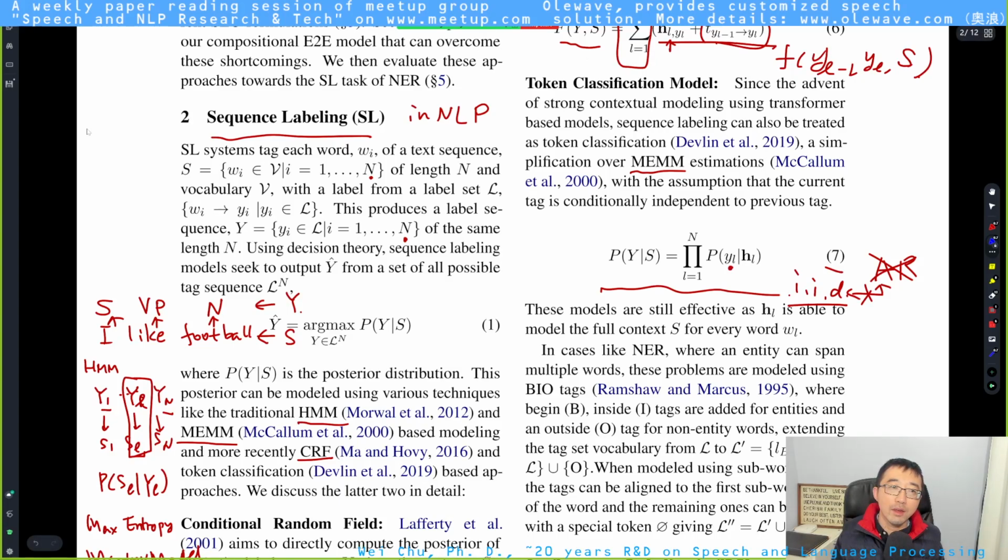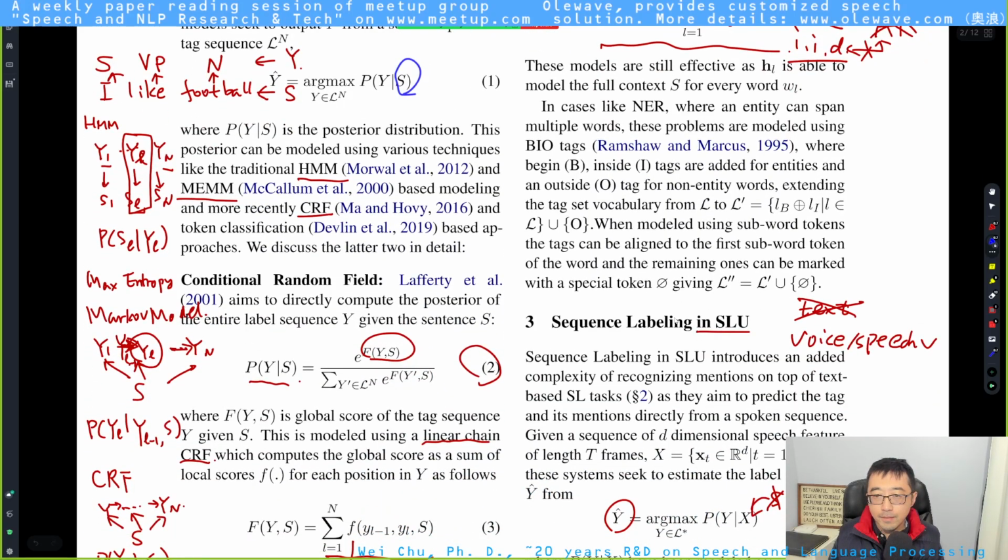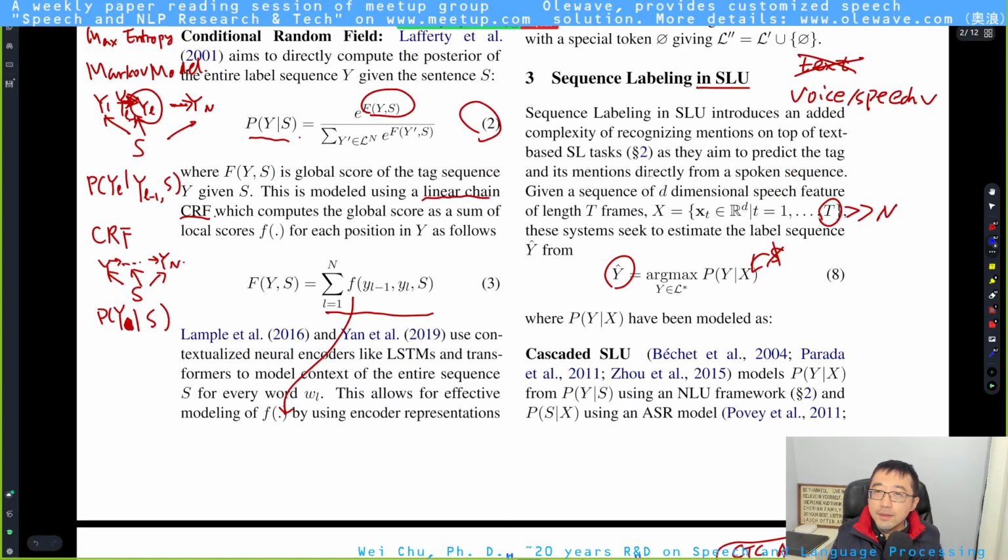You have to look at section 2. But in section 2, they use the S as input. That I understand. It could be transcription or the word sequence. But they're saying that they're doing the NLU fine-tuning and the sequence labeling in SLU.